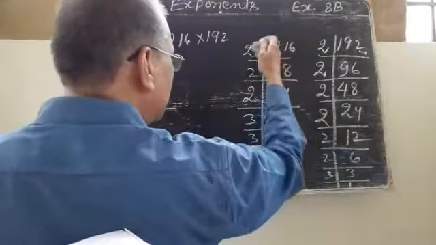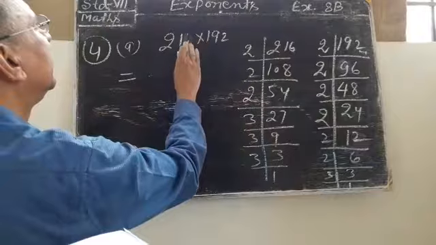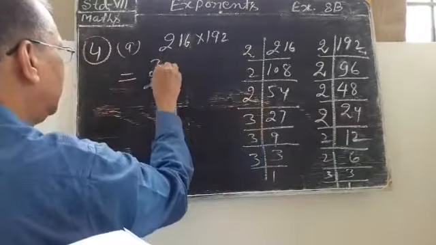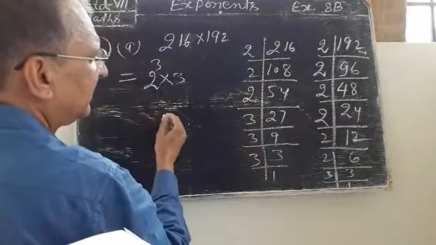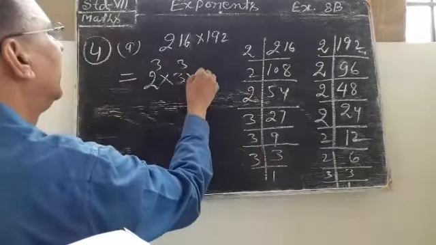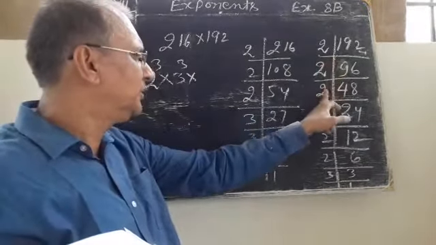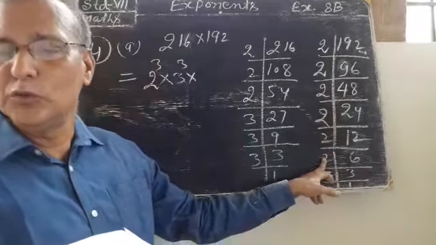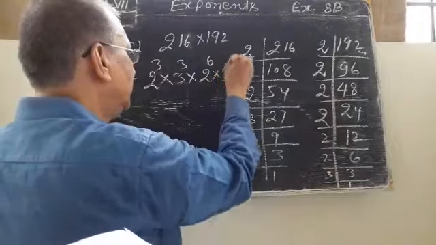For 216 you can write 2 power 3 into 3 power 3, and into this one, 192, you have to write 2 power 6 into 3 power 1.